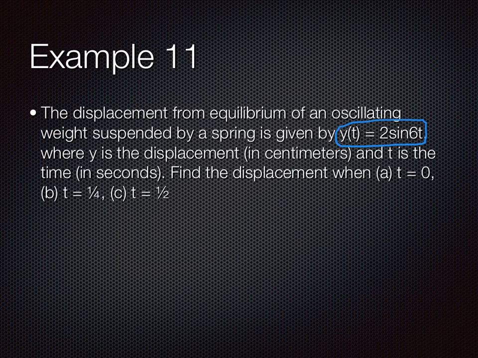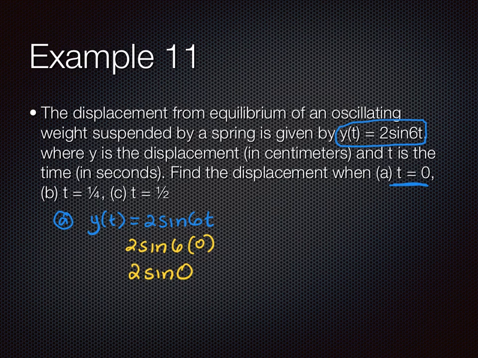So if t represents time in seconds and you want to find where t is 0, what variable becomes 0? T. So I would get 2 times the sine of 6 times 0, 2 times the sine of 0.